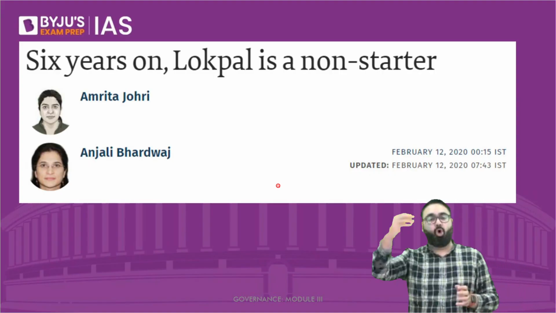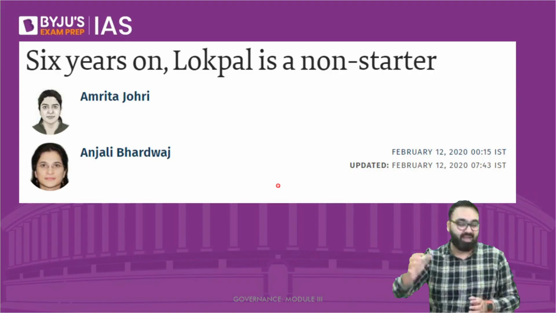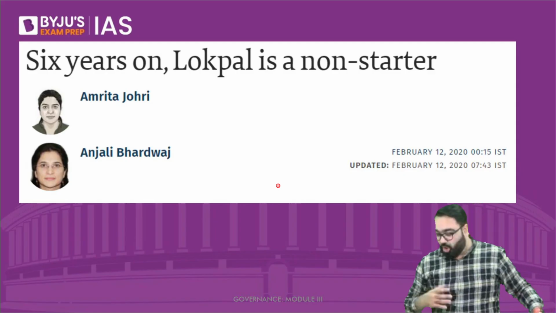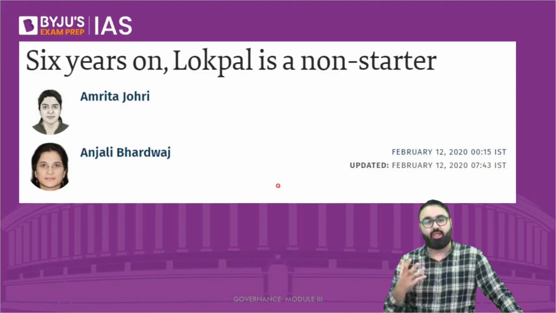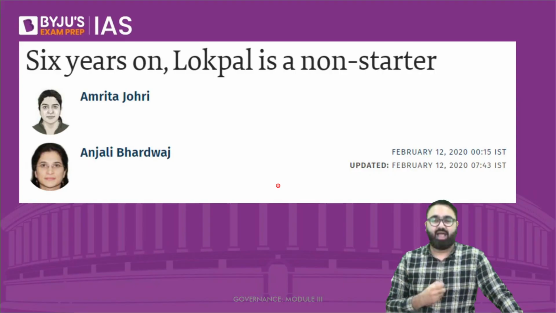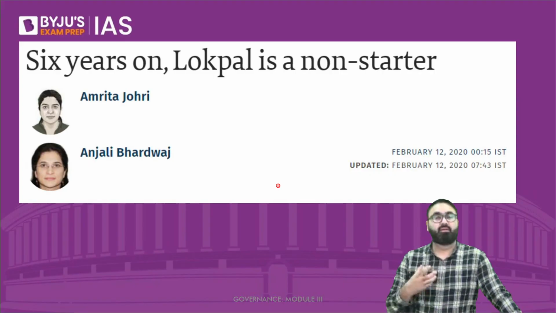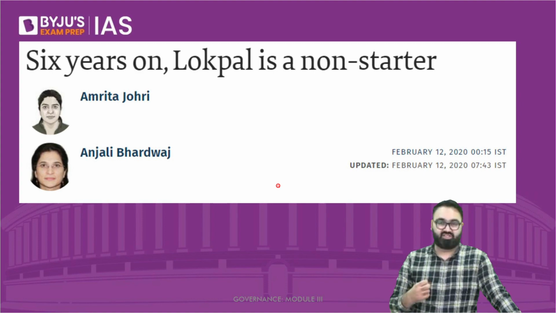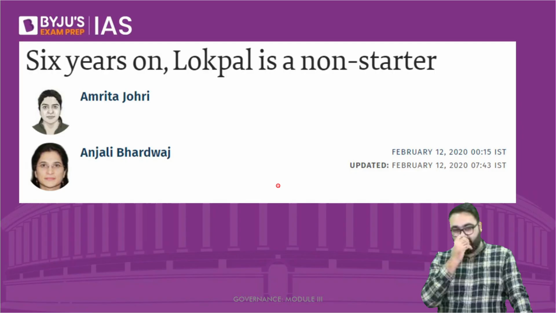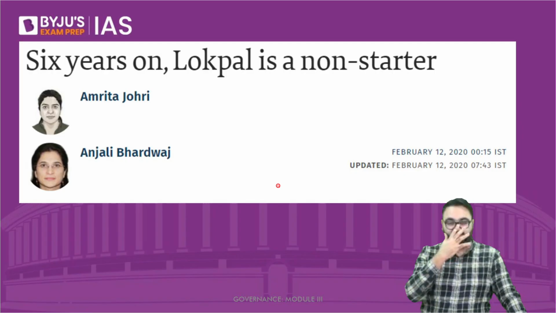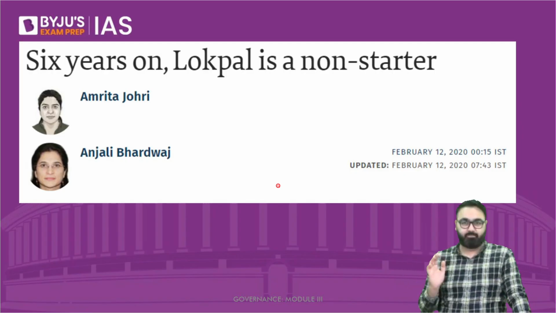Lokpal, after all these years, has still remained an authority where almost zero cases have been solved by them. Almost no important case has come to light where big public officials have been investigated. Now, it can mean one of two things. Either it means we are living in such an ideal situation that corruption is zero in India.